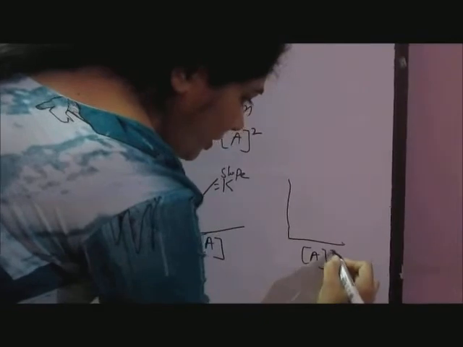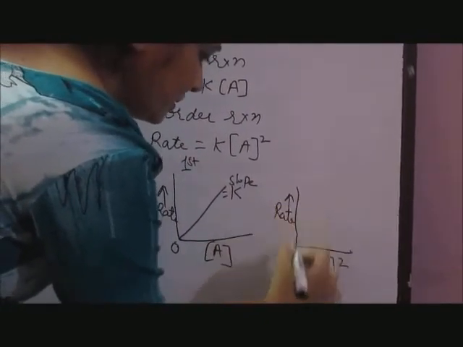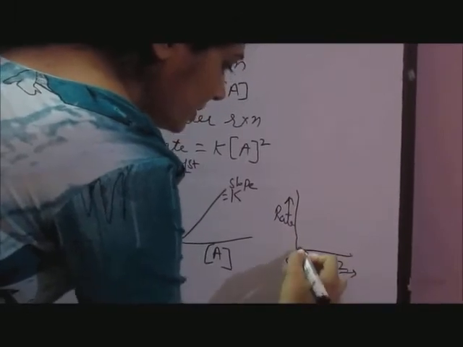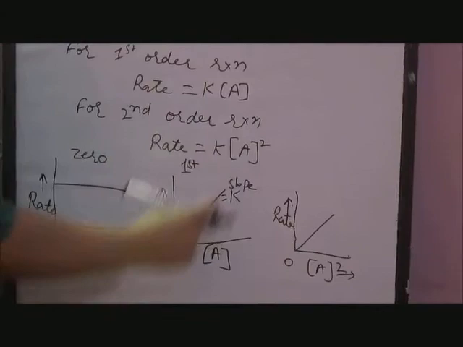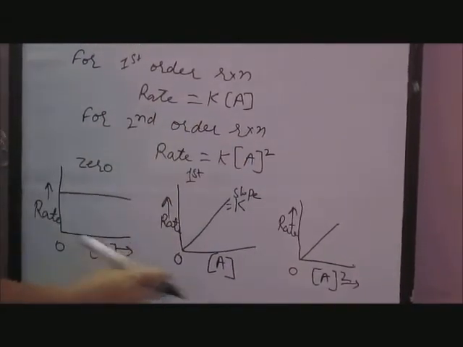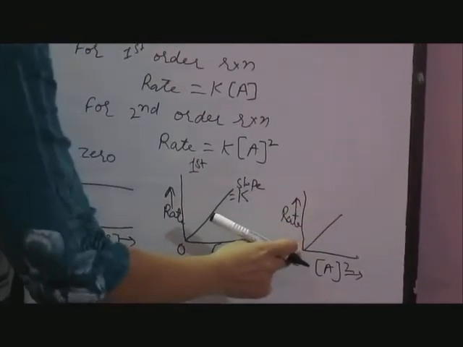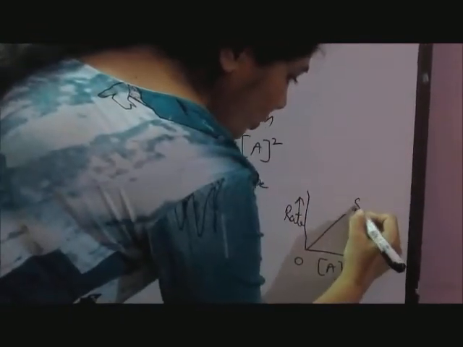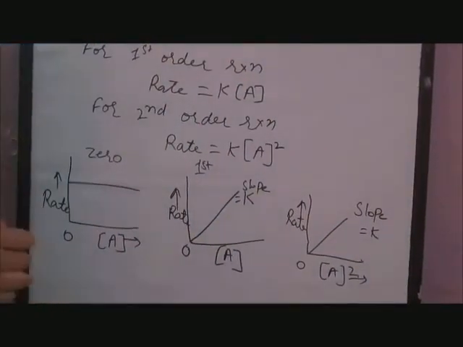Similarly, for second order reaction, rate is directly proportional to concentration of reactant A raised to power 2. It also gives a straight line with slope K, that is positive slope.